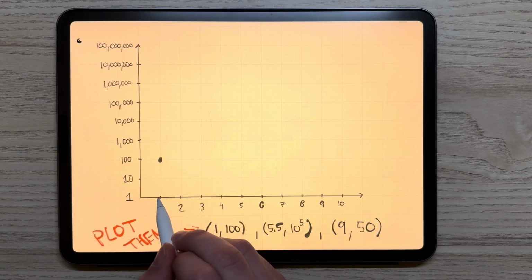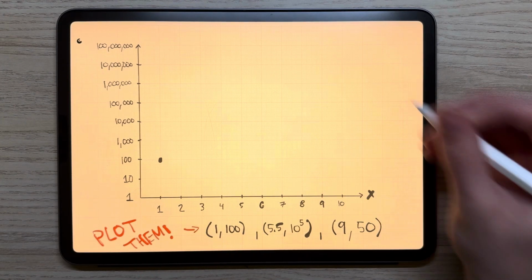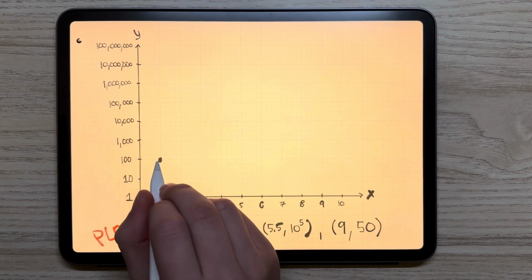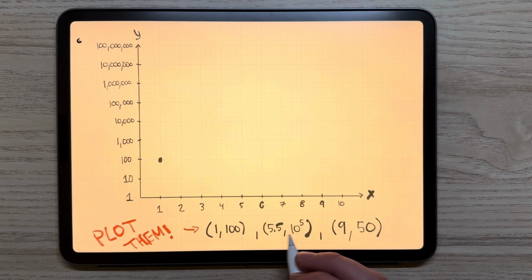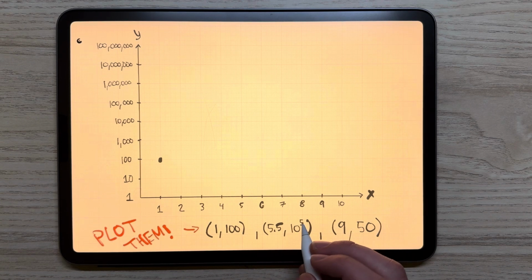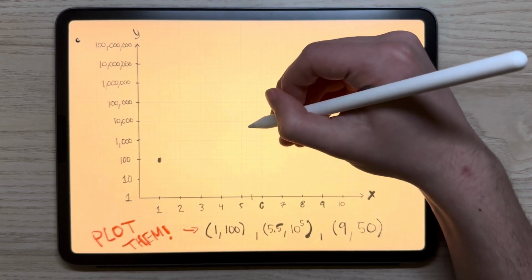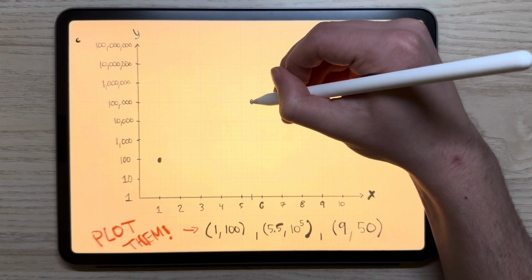Because the input of x is 1. This is x and this is y. The input is 1 and the output is 100, which is right there. This next one, (5.5, 10 to the 5th). We're going to go to 5.5, which is right there, and 10 to the 5th, which is right here.